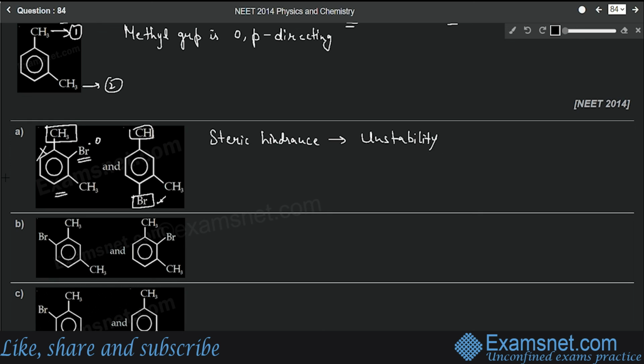Here, with respect to methyl group 1, in both compounds bromine is attached at the ortho position. But with respect to methyl number 2, in the first compound it is at para position, and in the second compound it is at ortho position. But again, in the second compound bromine is present between two methyl groups, so this will be unstable. Okay, so this is also incorrect.